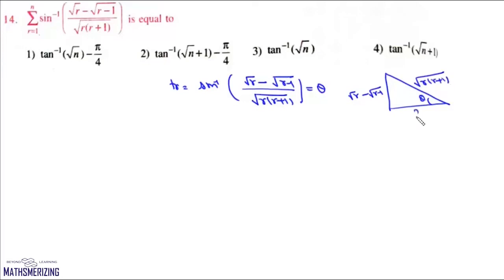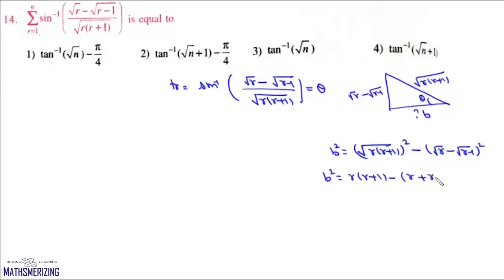We have to find this base. So this base, say b, b square equals (under root of r into (r plus 1)) square minus (under root of (r minus 1)) square. So this b square will be r into (r plus 1) minus, and here will be (r plus r minus 1 minus 2 times under root of r into (r minus 1)).